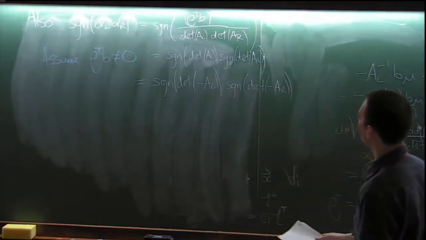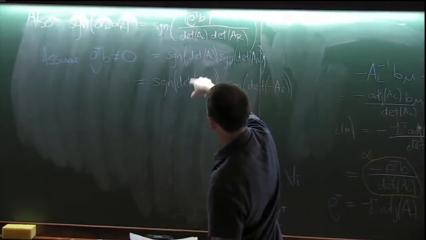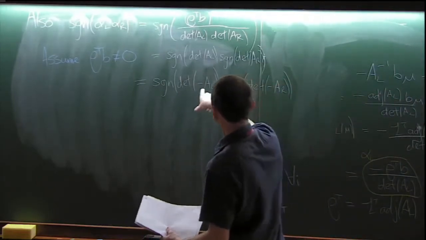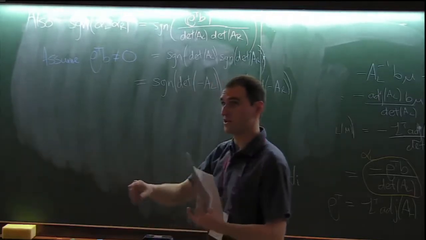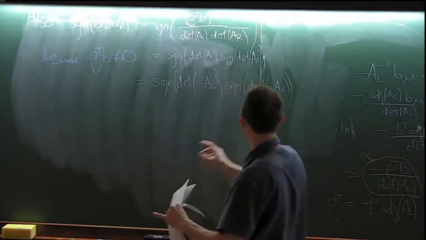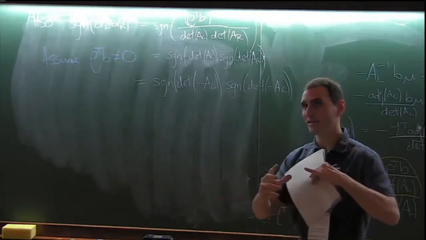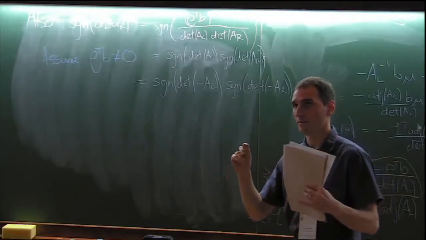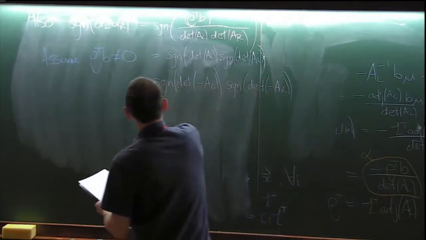I can bring minus signs in. So by bringing a minus sign in here, I'm multiplying all rows of the matrix by -1. So the determinant changes by -1 to the n. And then I also have a -1 to the n here. -1 to the n times -1 to the n is 1. Doesn't matter if n is odd or even.